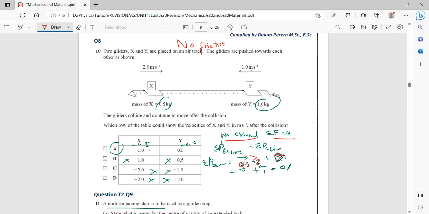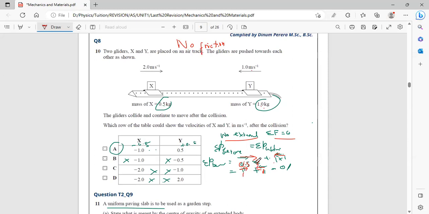That acts towards left, right? The momentum of x is 1 towards right. Momentum of y is 1 towards left. They are equal and opposite vectors. They cancel each other.